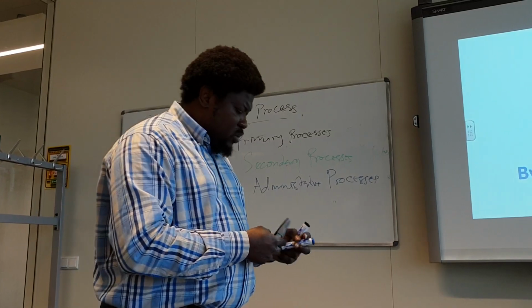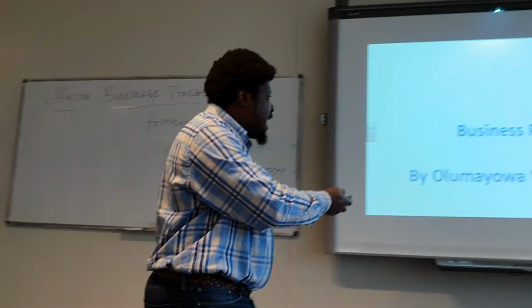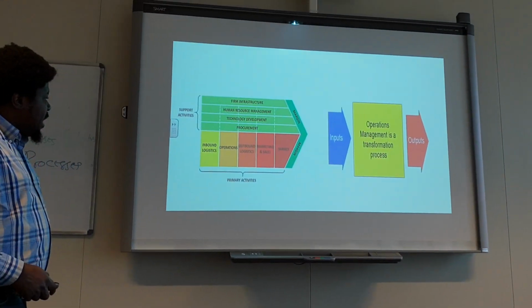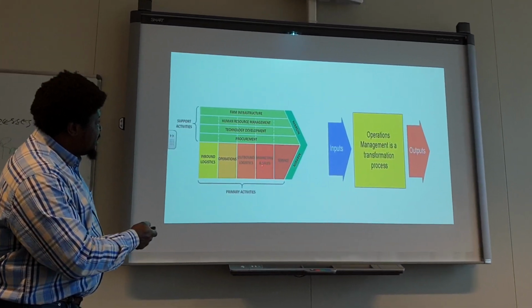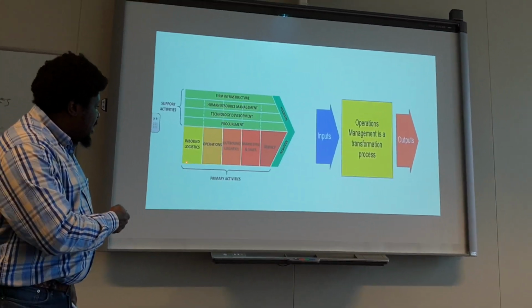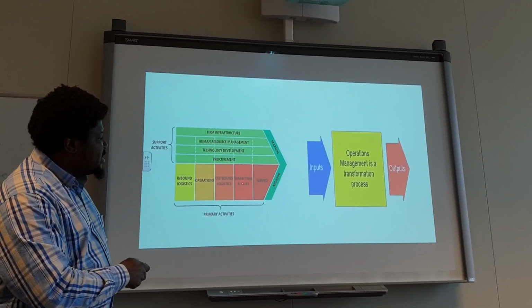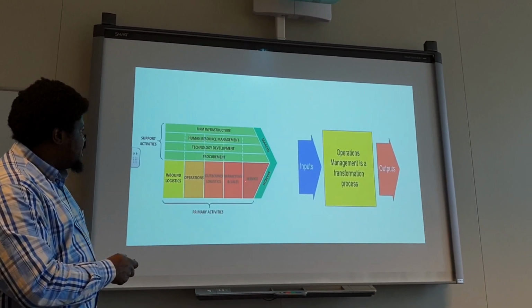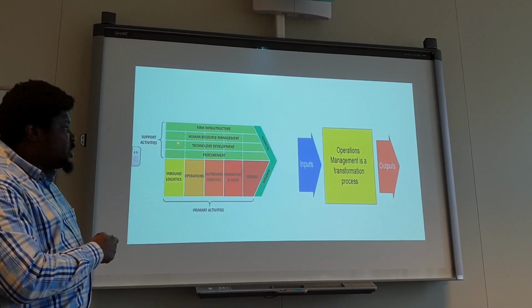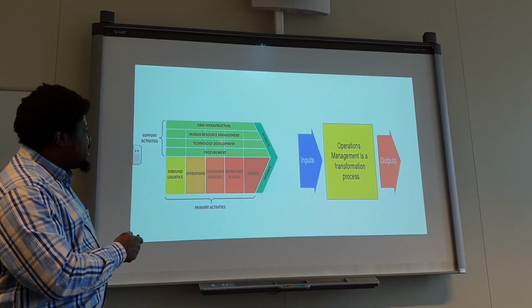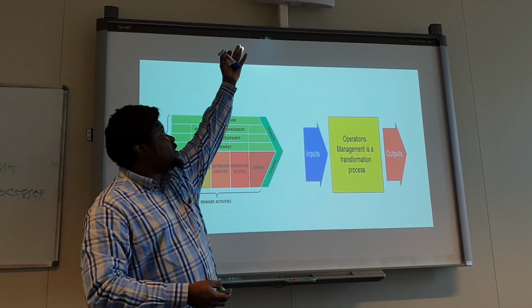I think I've got something to show us on the slide. If you please show the slide. So just for recap, primary activities within the organizations: inbound logistics, operations, outbound logistics, marketing and sales, and services. Support activities, secondary processes, would be HR activities, ICT, of course. Can you see that?